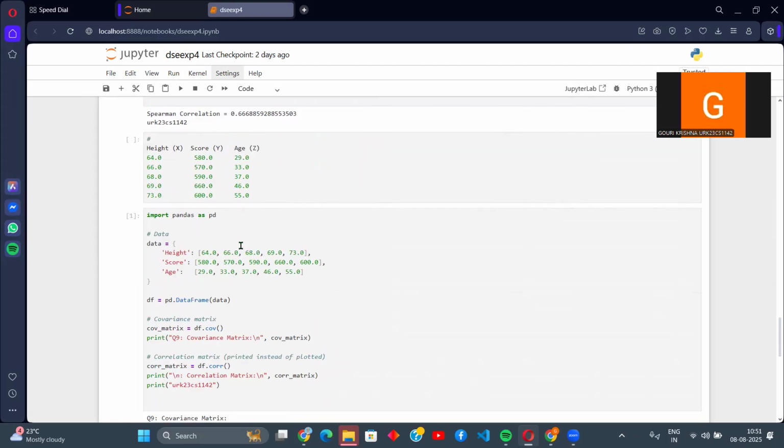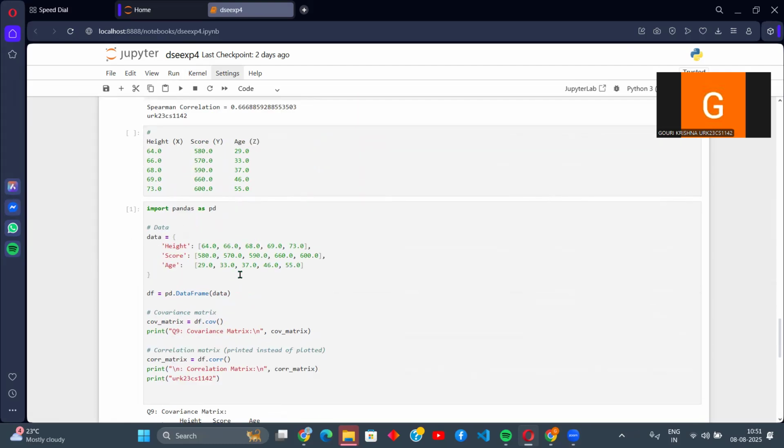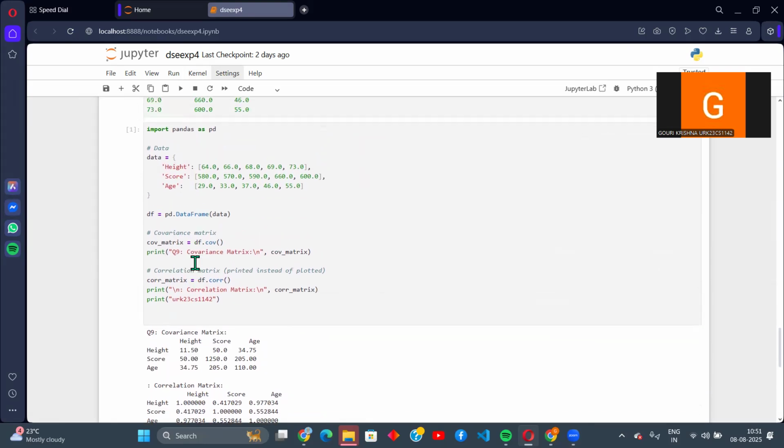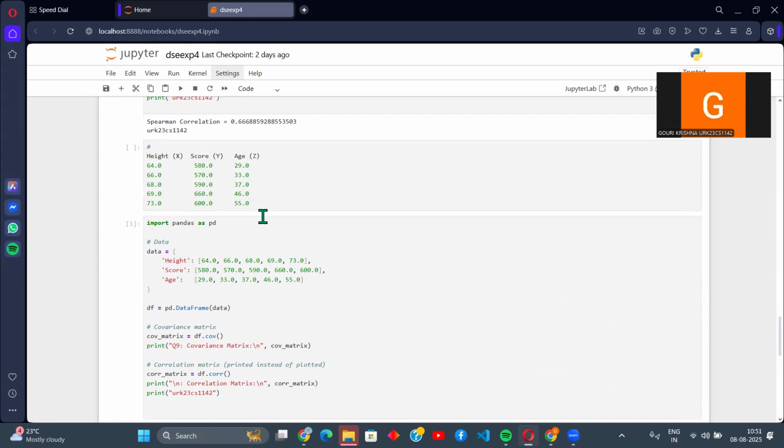And then the ninth question is based on this data: height, score, and age. Based on this data set, we have created the ninth question, which is covariance and correlation matrices. It creates a data set with height, score, and age, as we have given here.